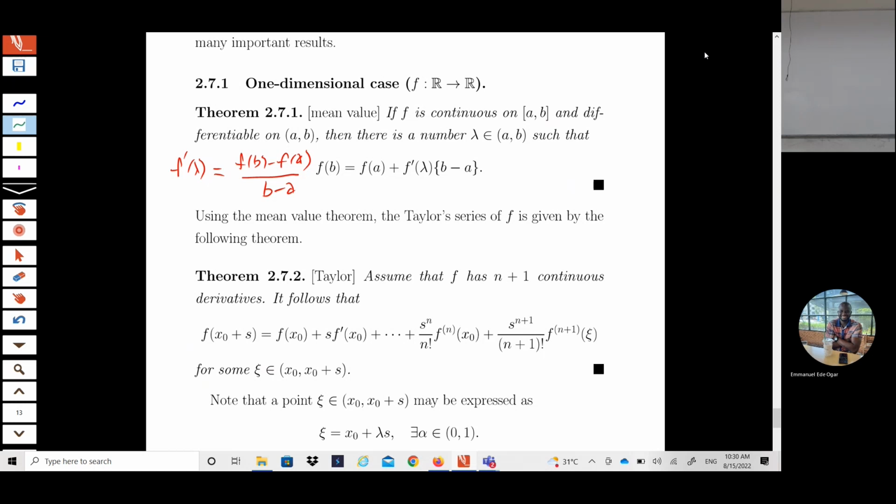It is a little bit different from this one, because here we have s to the power of n plus 1 divided by n plus 1 factorial multiplied by the n plus 1 derivative of f at the point xi. Now xi is an extra variable, a point between x naught and x naught plus s. We don't know what it is.